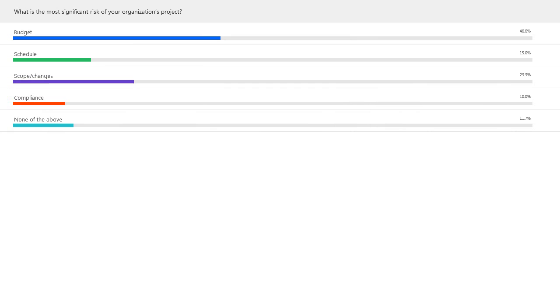Great, and if we put in all of the above, I would assume there would be a fair number of all of the aboves in there as well. It really depends on the project that you currently have or the project that you're anticipating on having and what's important. Obviously, all of these are potentially significant risks, but it depends on the project and the complexity, which we're going to get into here shortly.